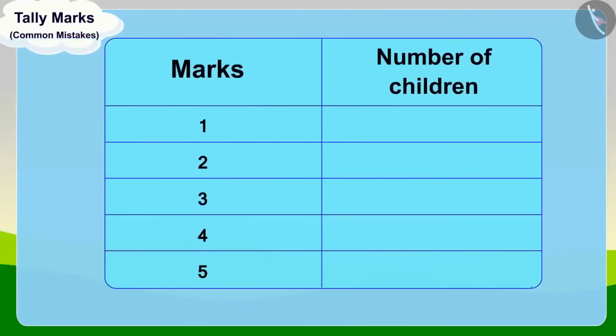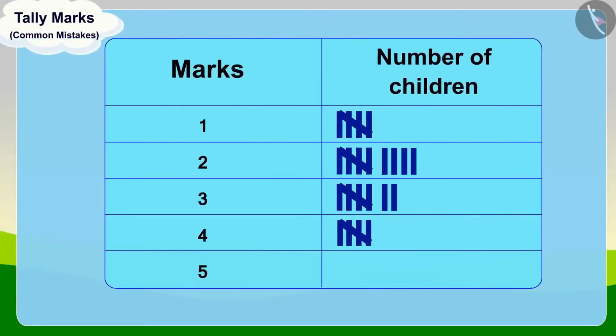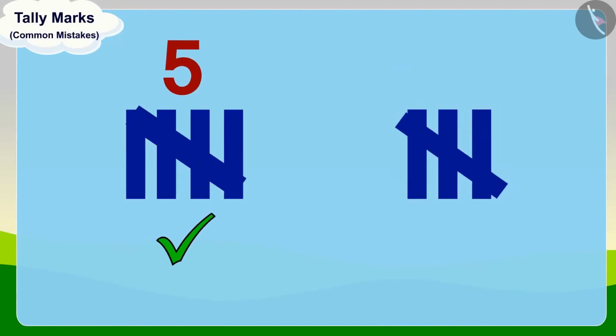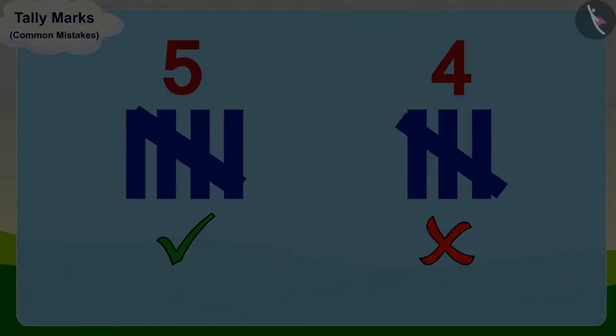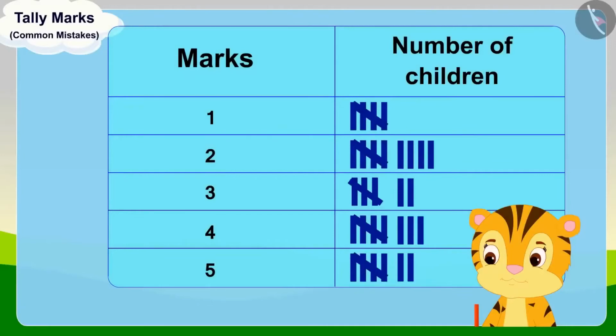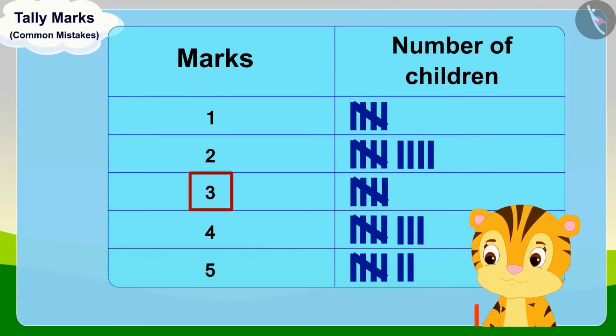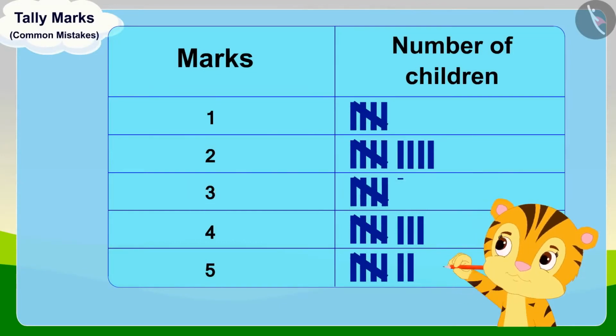Remember children, while using tally marks, always draw 5 lines in a group. Otherwise, you too, like Mrs. Khan, can make this mistake. Mrs. Khan too realized this mistake and immediately drew 1 group of tally marks and 1 line for 3 marks.